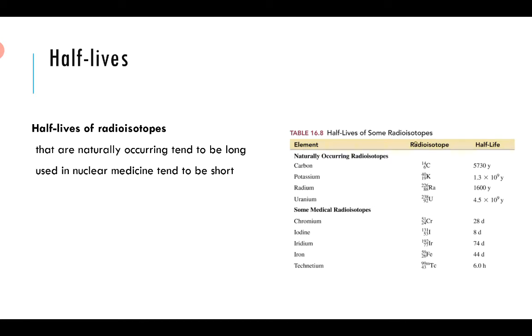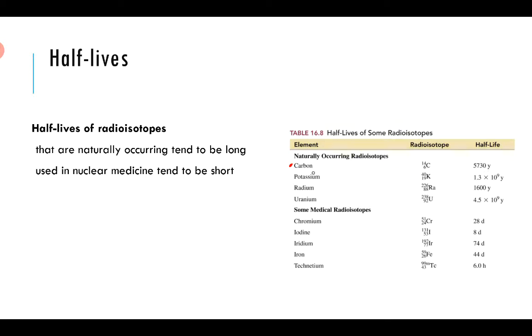Each different radioactive isotope will have a different half-life. For example, carbon-14 has a half-life of 5,730 years. So carbon-14 will take a very long time to complete one half-life.